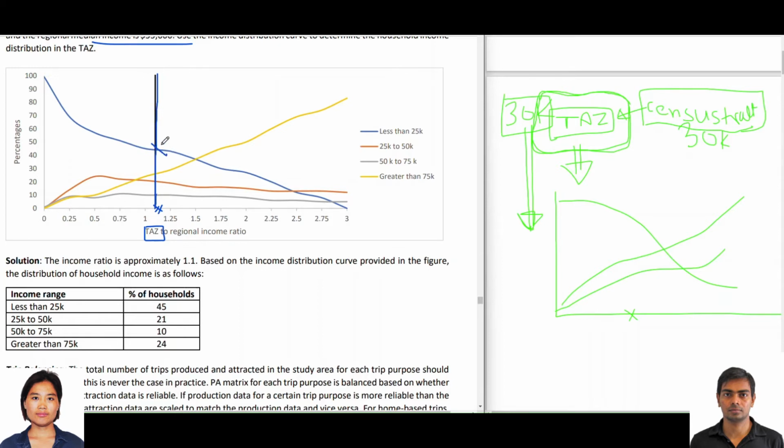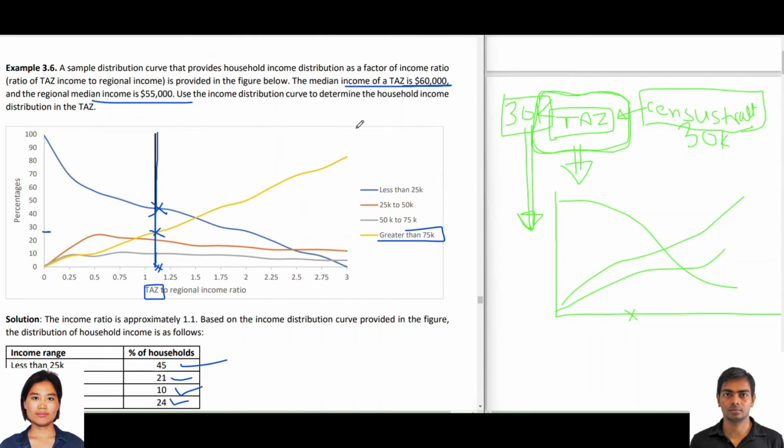The vertical line intersects the blue line here, which corresponds to less than 25,000, and it cuts at approximately the 45% mark. Then this dark yellow or light orange color is for greater than 75, and it cuts here, which is around 24%. Then the red line, which is for 25 to 50,000, is around 21%, and similarly the gray line is around 10%.